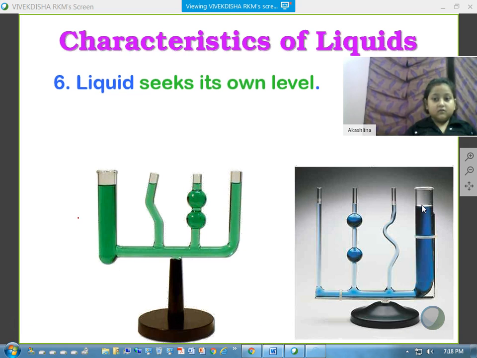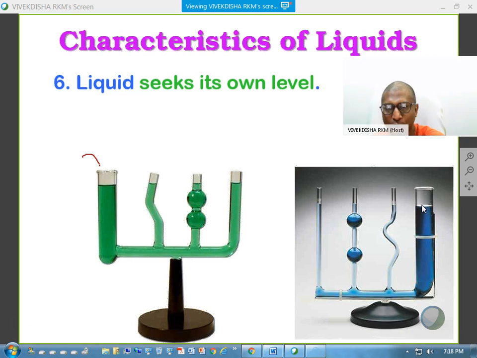From this experiment, you see that if we pour liquid in this container, and as all are connected, then what will happen? Liquid will flow here, and that will rise. Whatever the shape of the container, if they are connected, liquid will flow and rise up to that level.